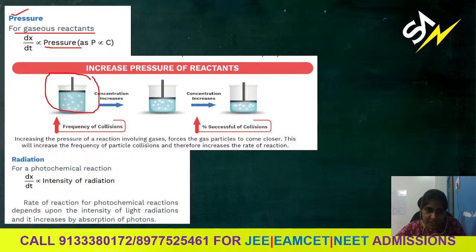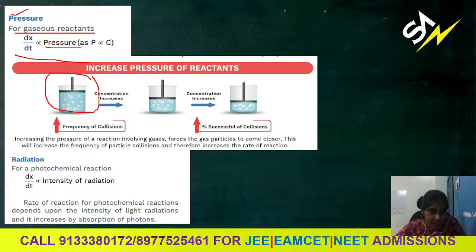Increasing the pressure of a reaction involving gases forces the gas particles to come closer. By applying pressure, these particles will come closer. This increases the frequency of particle collisions, and therefore increases the rate of the reaction. The rate of reaction is directly proportional to pressure.